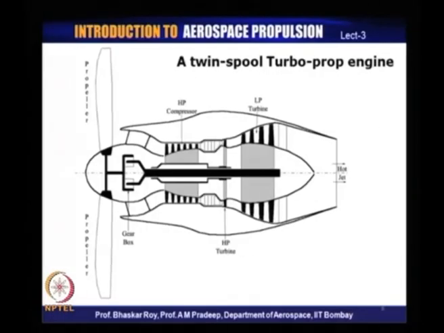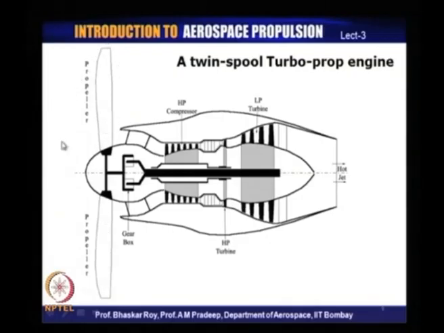This of course, is what we call a turboprop engine, where one utilizes a gas turbine engine, as we are talking about, to drive a propeller. Now, propeller by now is our old friend.